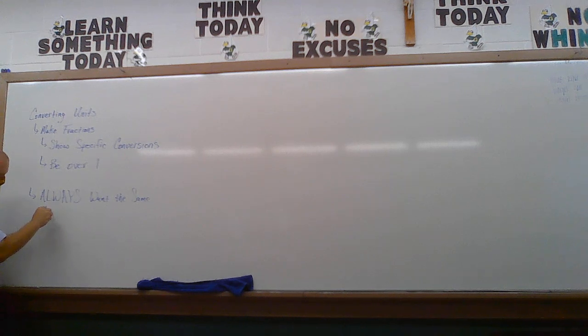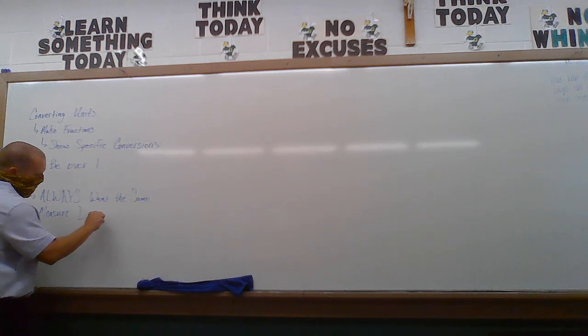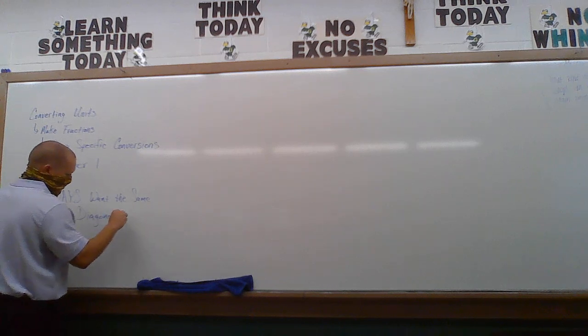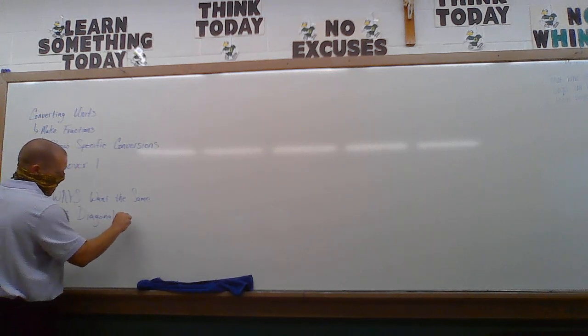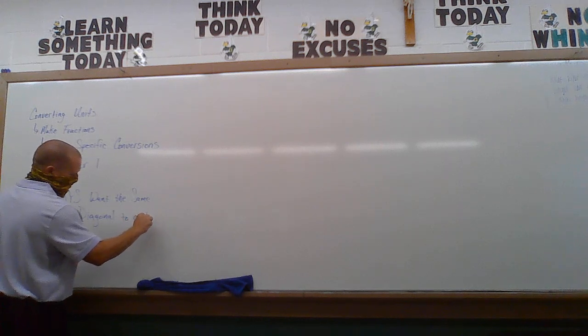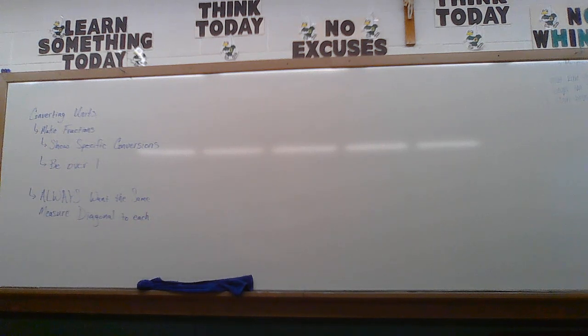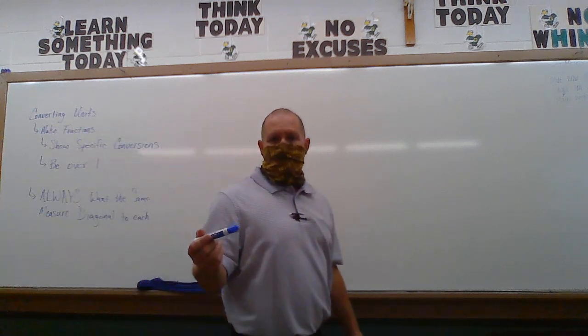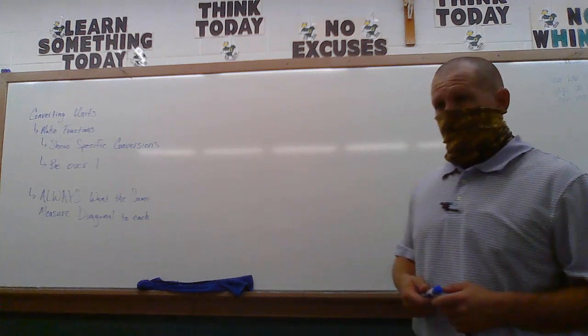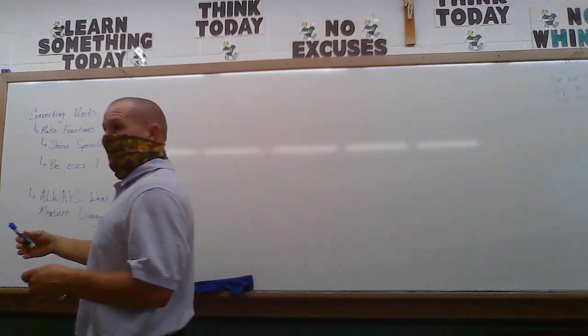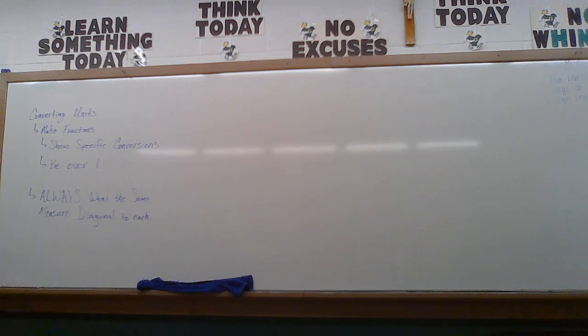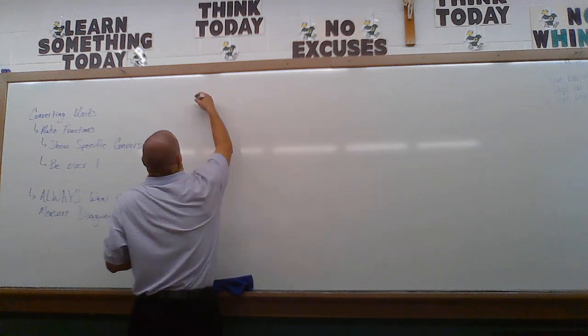So whatever we're talking about, one of the conversions will always have to have one of the same measures diagonal to each other. Why we want this is because if we can get it diagonal, then our units will cancel each other out. And whatever's left over then should be what we wanted in the first place. So basically what we're going to do is make a giant multiplication problem, right?